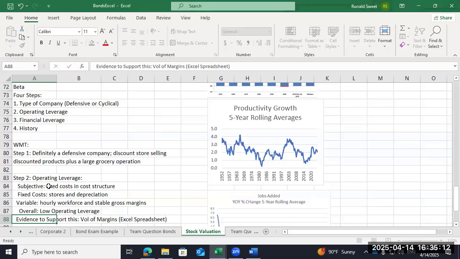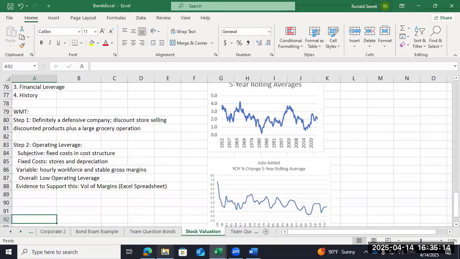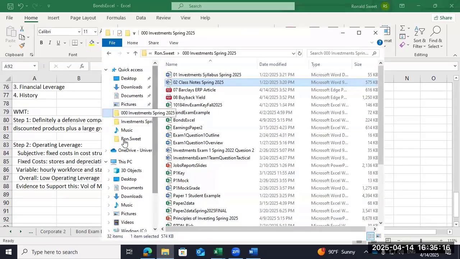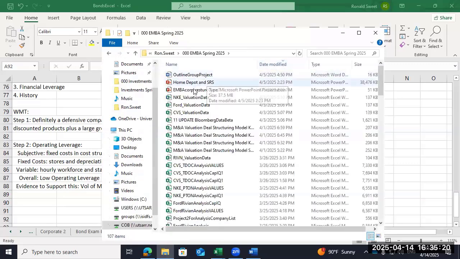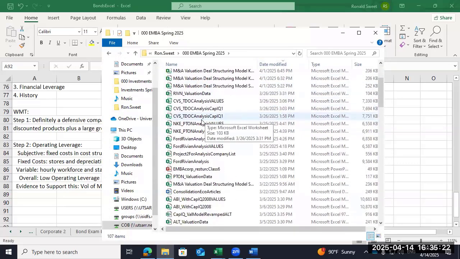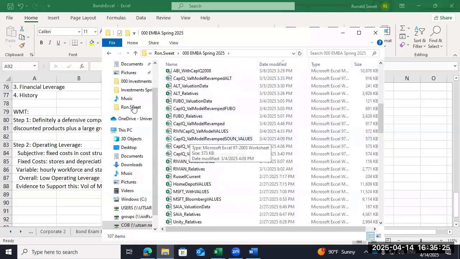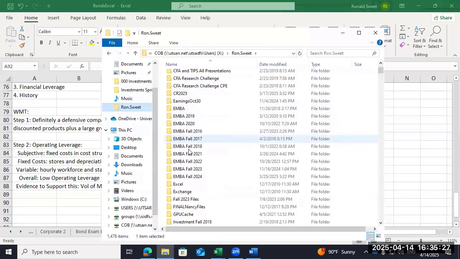I will update this spreadsheet eventually. I was kind of waiting to make sure I had 2024. I can't remember where I put it last.